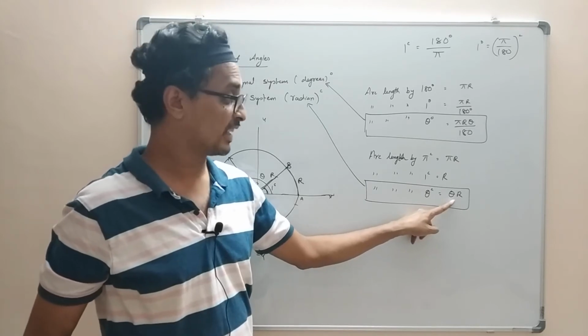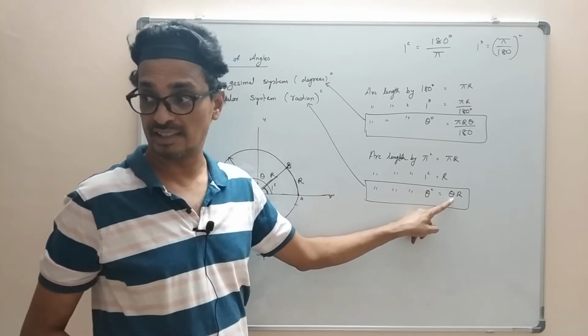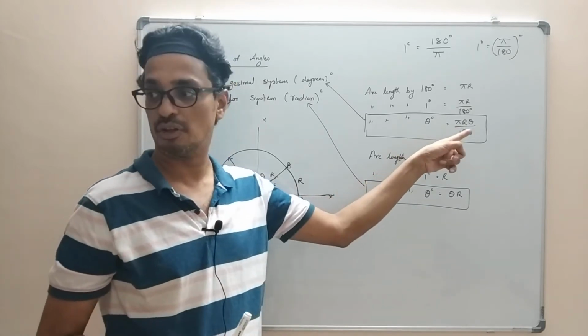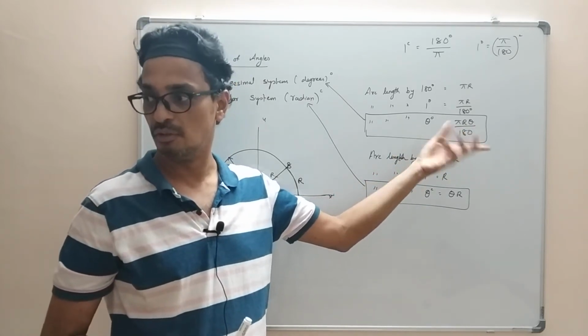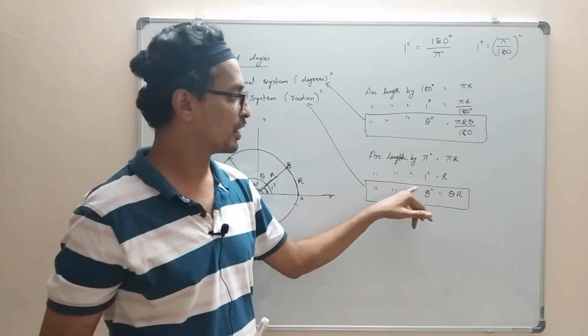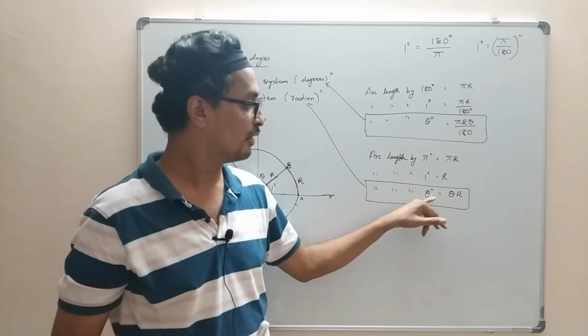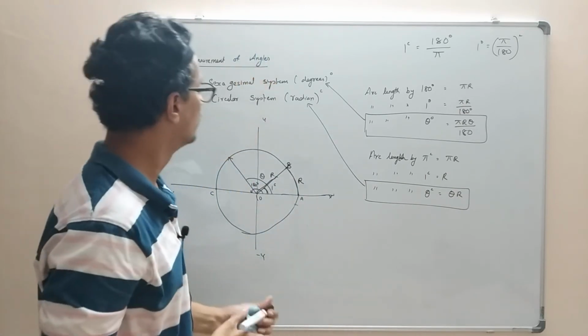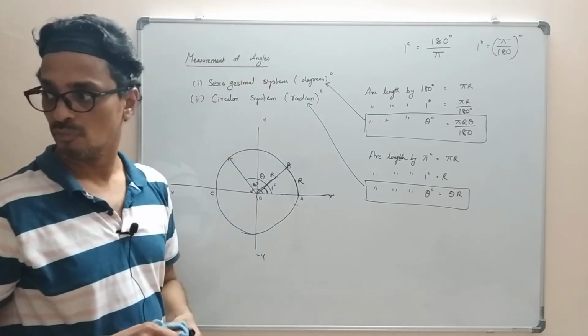We know pi is an irrational number and we don't know the exact expression for pi. Normally we approximate it as 22 by 7 or 3.14, whatever. But when you express in terms of radian, we escape out of the pi symbol. That's the advantage of your circular system.